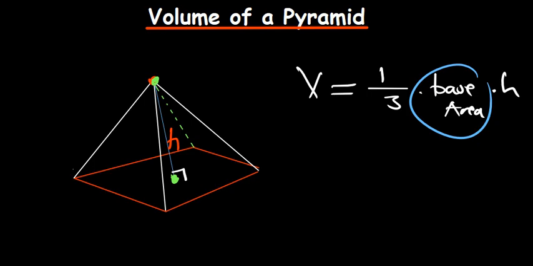So let's assume this is a rectangular one, and you are told this is 8, this is 6, maybe centimeters, and the slant height is 10. If I ask you to find the height, how do you go about it?